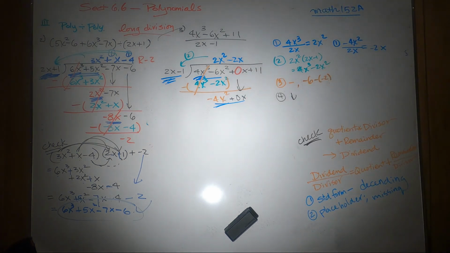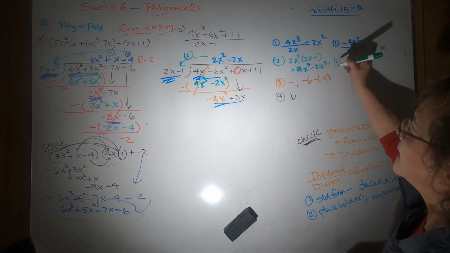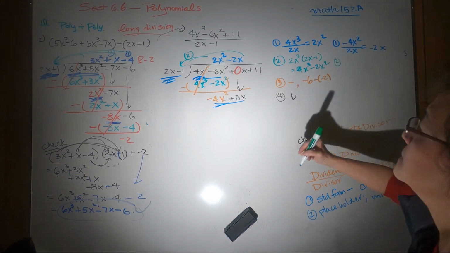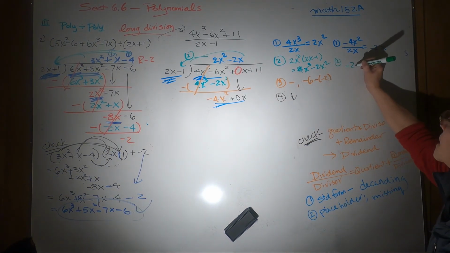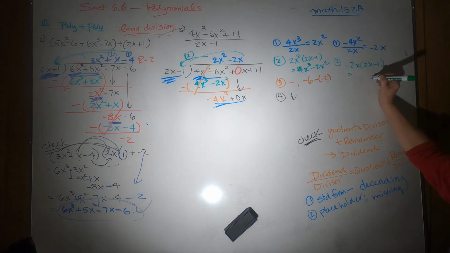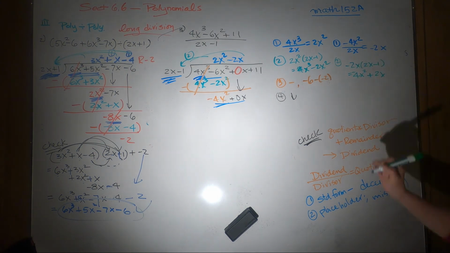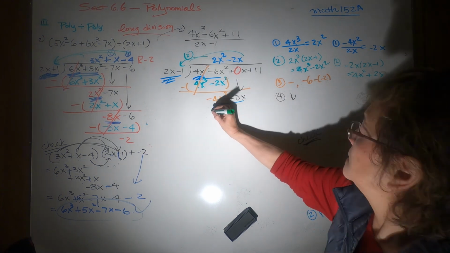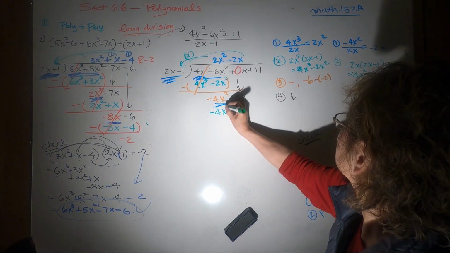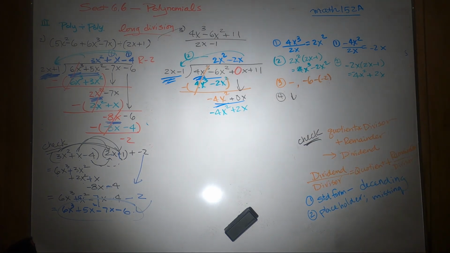Then what's your next step? You multiply back. Negative 2x times 2x minus 1. That would be negative 4x squared plus 2x. Is that right?